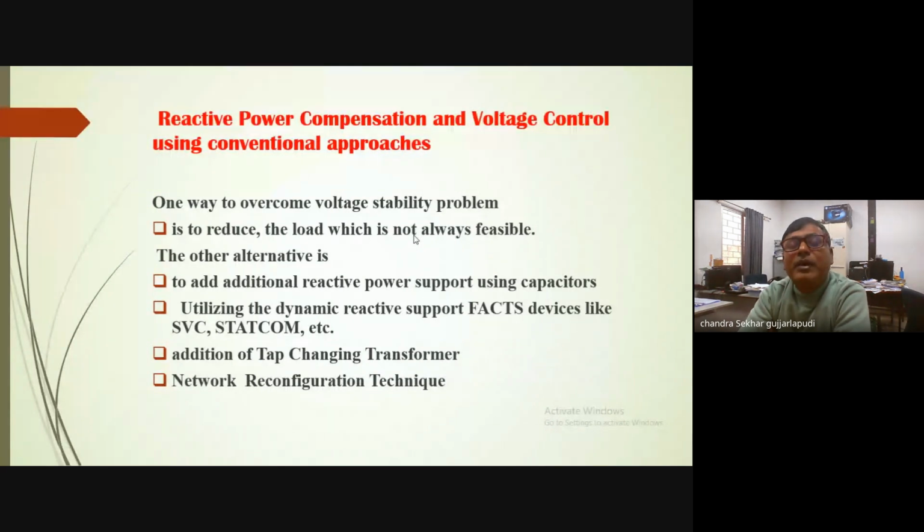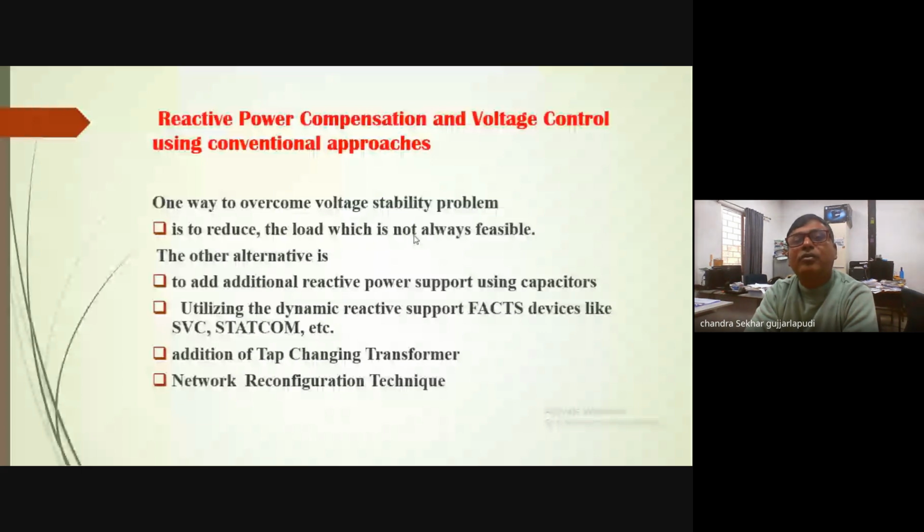are many. If you utilize more loads, there will be more active power loss as well as more reactive power loss in the system.